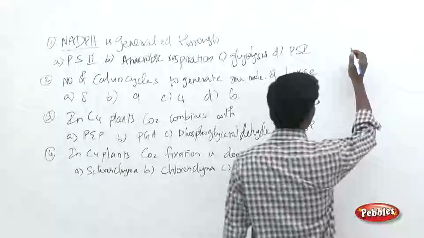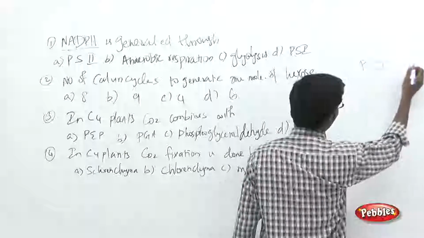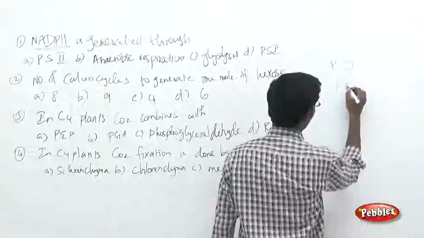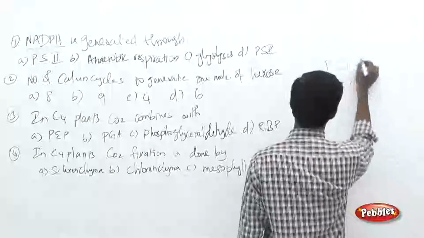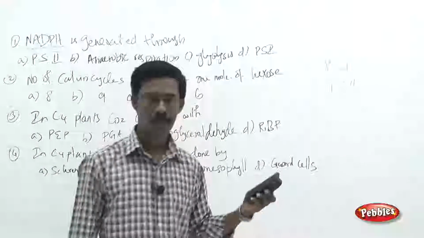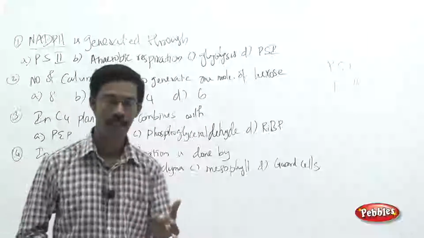As we have seen in the introduction of photosynthesis, there are two major systems involved in the light reaction: photosystem 1 and photosystem 2. They have their own pigments, and they accept the light energy in the form of photons and get excited.